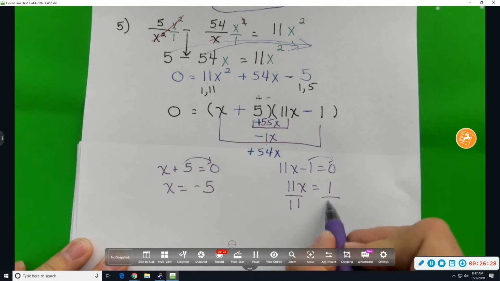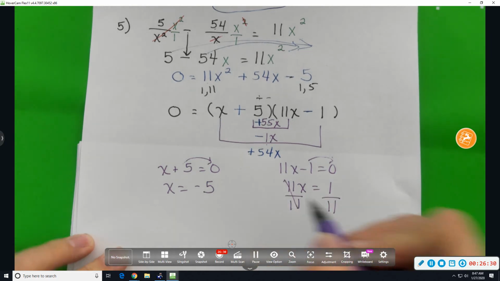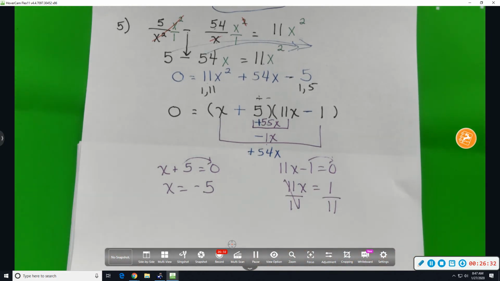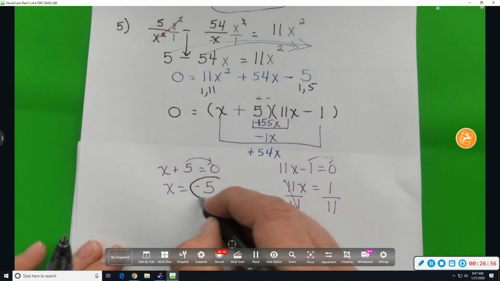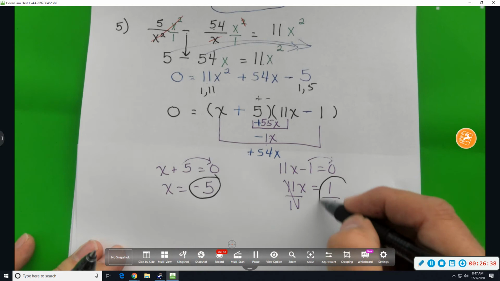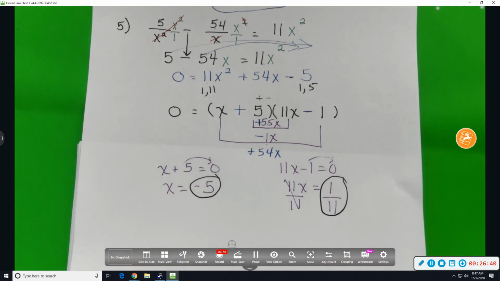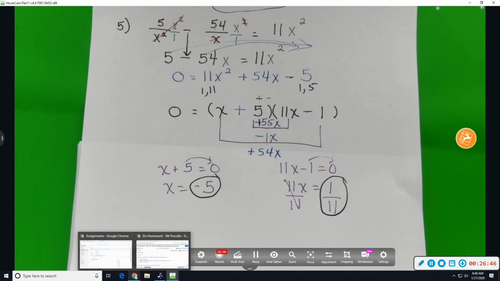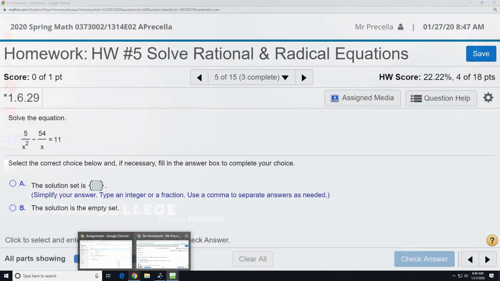Are y'all caught up with me? So what 2 numbers am I going to type in? Negative 5 and a positive 1 over 11. This is a very common type of equation where there's an x squared and an x.